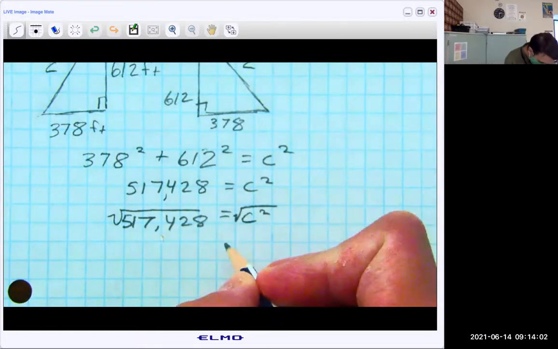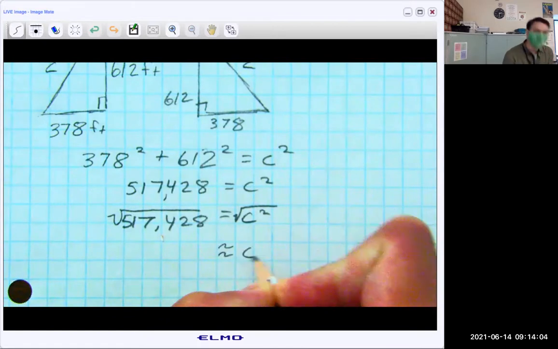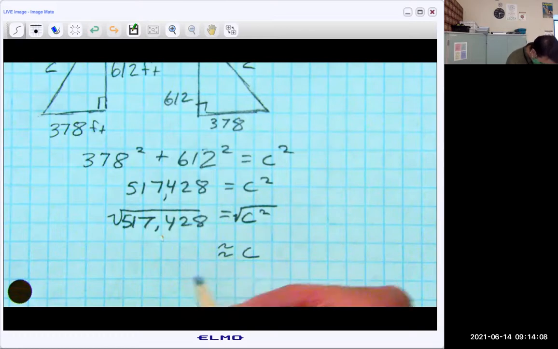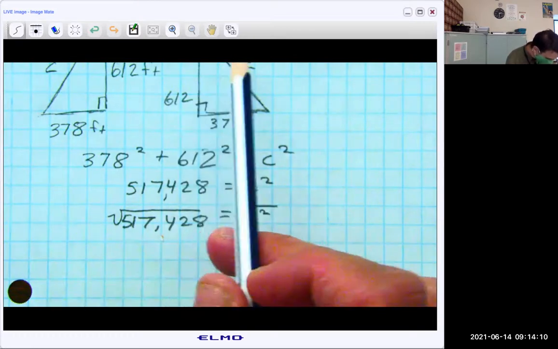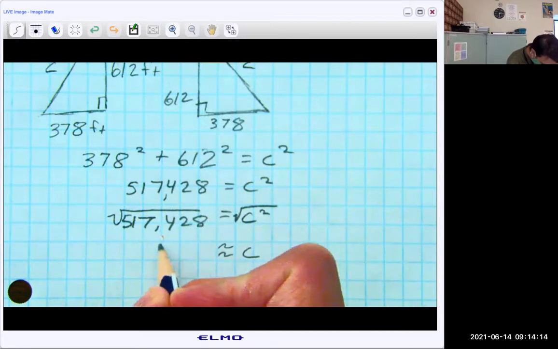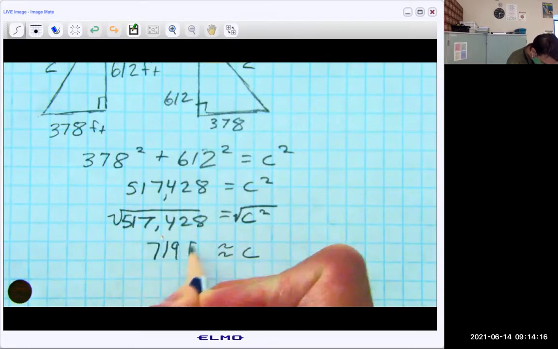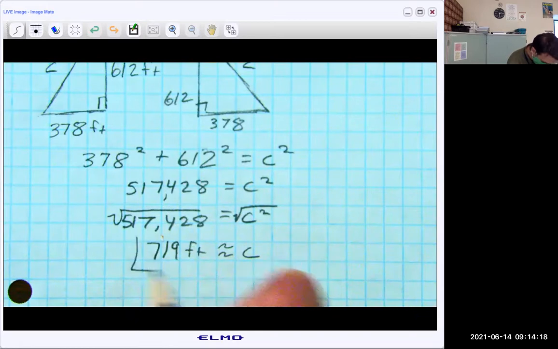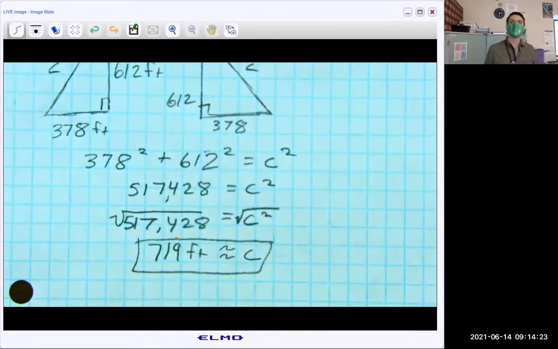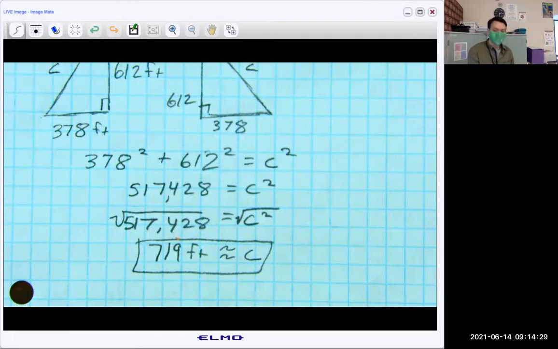What we find is that C is about, so I'm going to do a little squiggly equals, that's about equal to. Oh, it says round to the nearest foot, so actually it tells us to just use decimal. It's about 719 feet. So that number should be larger than all the other numbers we had. It's larger than 378, it's larger than 612. Yep. So there we go.